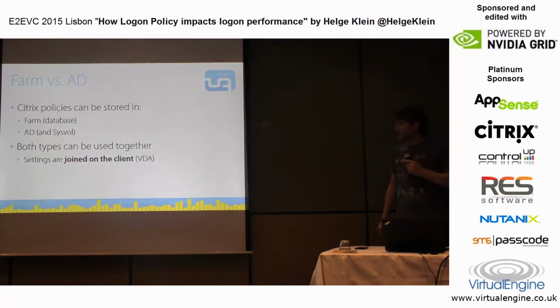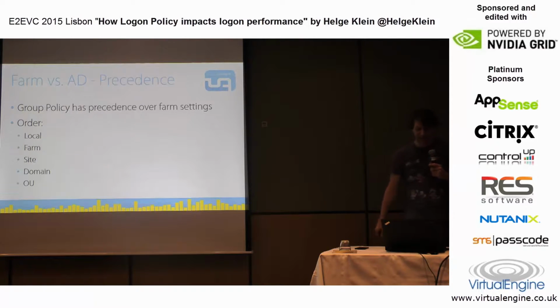So let's take a look at that. If you have settings in the farm, in the database, and in AD, they will be joined by the VDA when group policy settings need to be applied. So it works correctly, but it is confusing what comes from where. So please don't mix, for reasons of sanity.